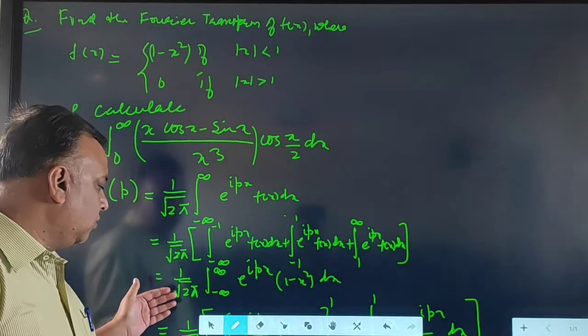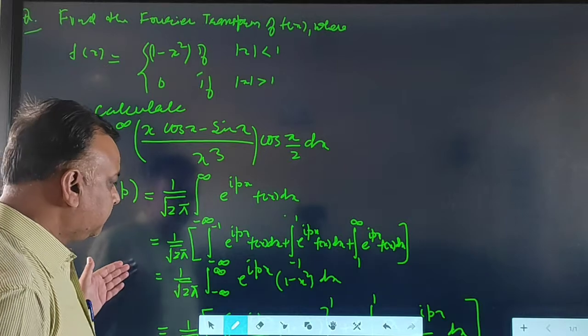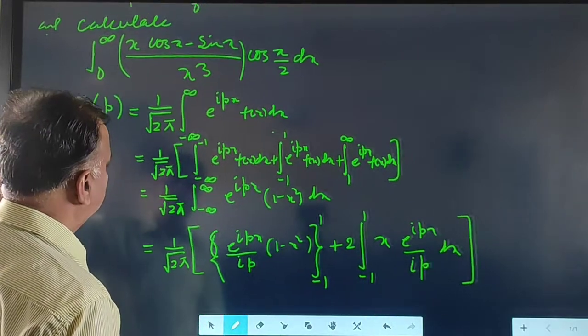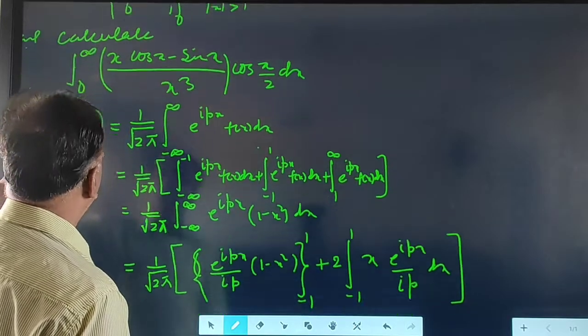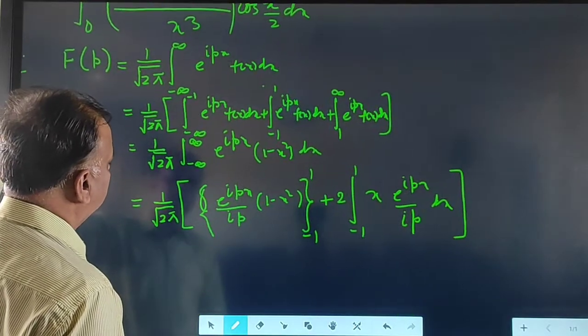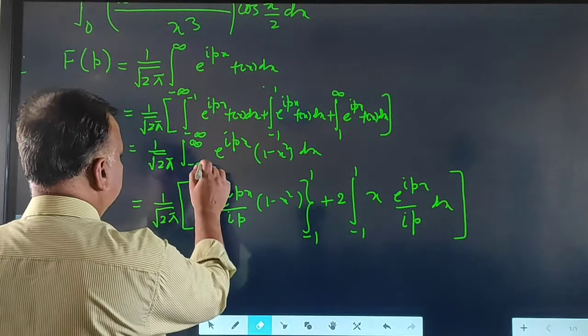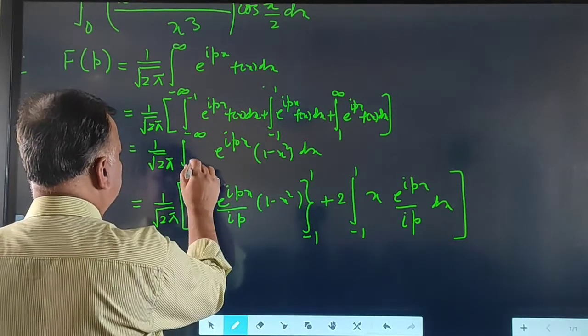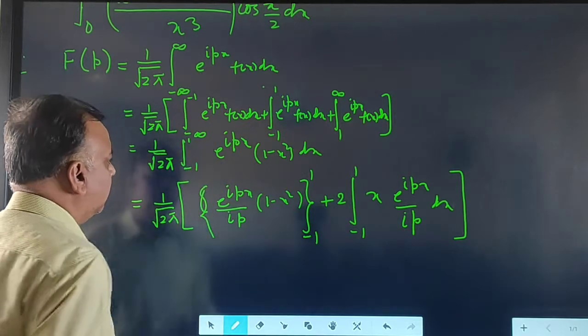So the value is equal to 1 upon root 2 pi, and the value remains in the middle interval, which is minus 1 to 1.